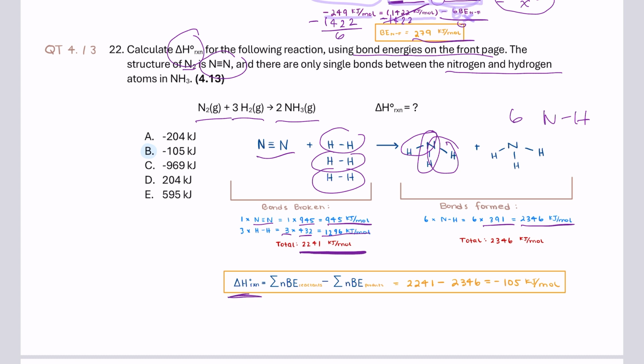Delta H for this reaction equals 2,241 minus 2,346, and that difference is equal to negative 105 kilojoules per mole. So the enthalpy change for the reaction is negative 105 kilojoules per mole, which means that the reaction is exothermic, and the correct answer is B.